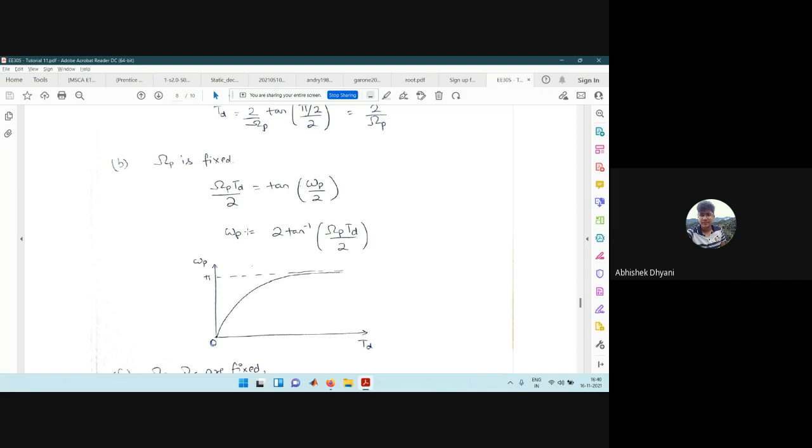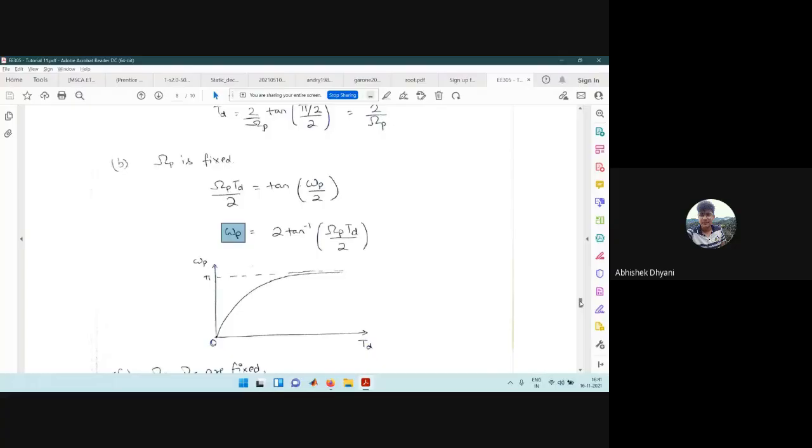So omega p will be pi. That means that this will asymptotically go to pi, right? And the significance is that as you vary Td, which is the sampling time or the time that you use for that transformation, then omega p will approach its maximum value, which is pi.